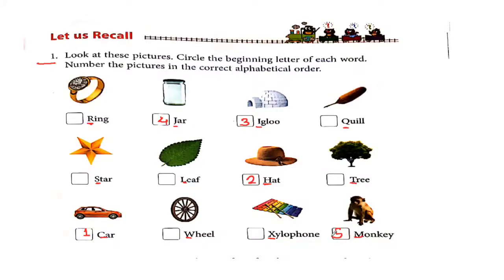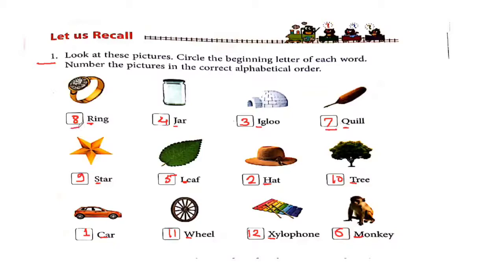N. Is there any word from N? Now L. Yes, so leaf. M for monkey. N, no. O, there is no word from O. P, then Q. Q for quill.